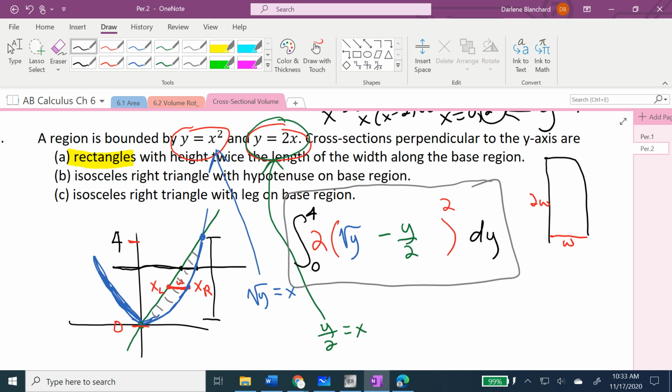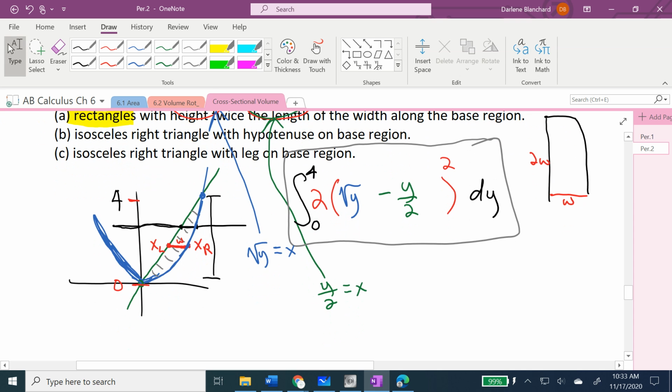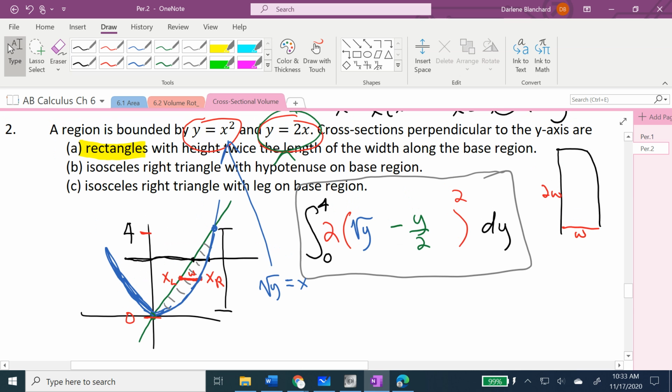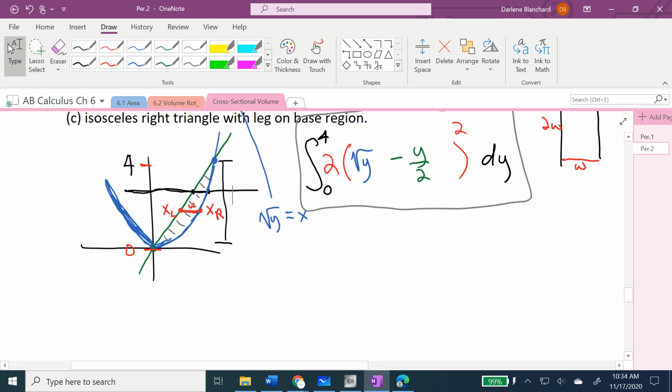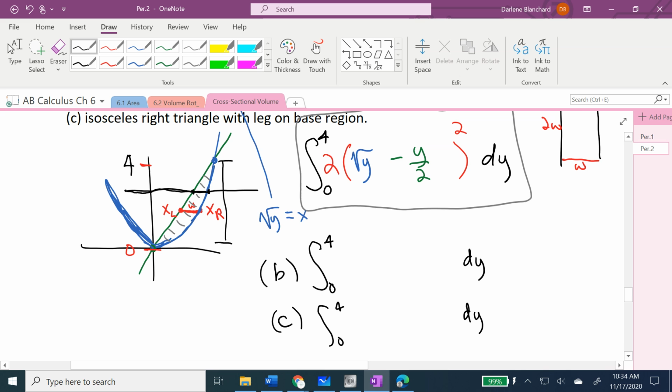So here we are. I've got a couple more problems, and I want to be careful because I want to get that quiz started for you so you have enough time. At this point, you probably realize that if I'm still using the same region and I'm still perpendicular to the y-axis, then B and C are going to start off with the same limits and differential.